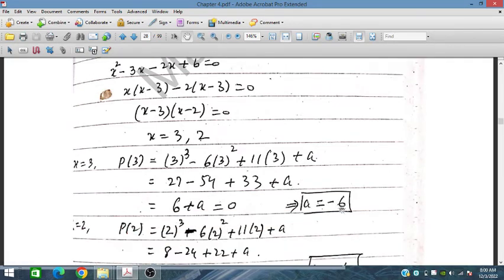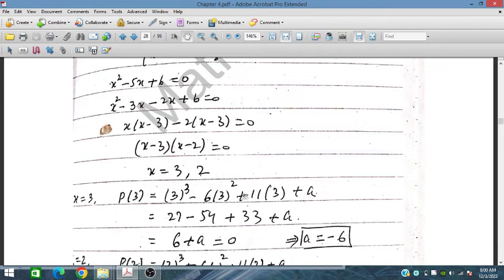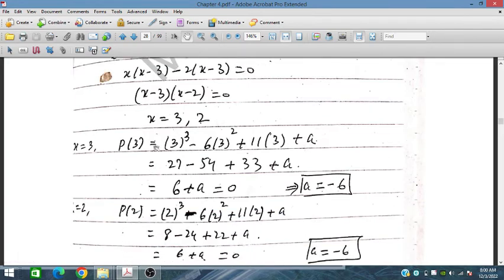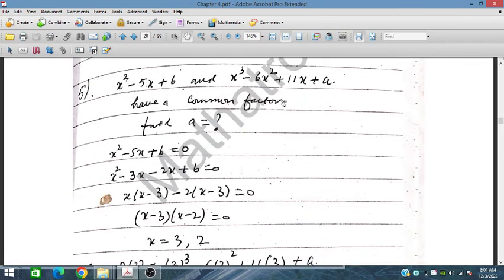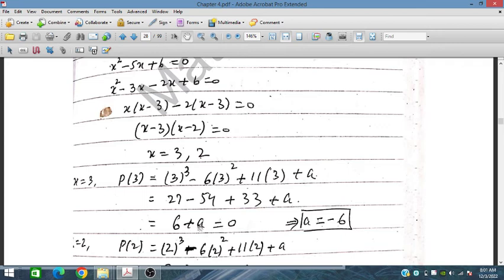Placing 3 everywhere, 3 cube minus 6 times 3 square plus 11 times 3, and this results in this. We simplify it, 6 plus a is equal to 0, a is equal to minus 6.